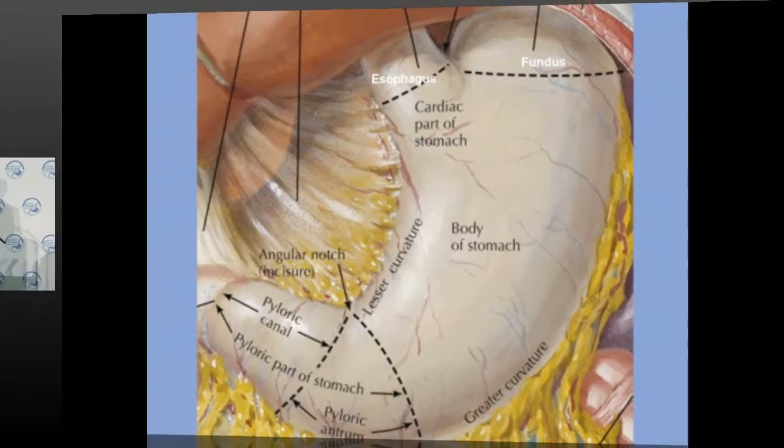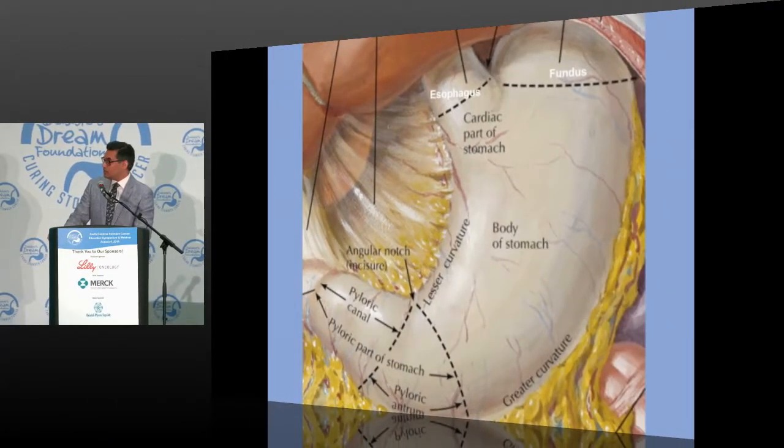When we break down the stomach, first, before you get to the stomach, you have the esophagus, which carries food through the chest down to the stomach. And where the esophagus meets the stomach, we call that the GE junction, the gastroesophageal junction. And that's a little bit of a tricky area in terms of deciding what type of operation you want to do.